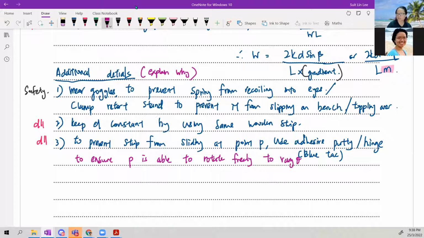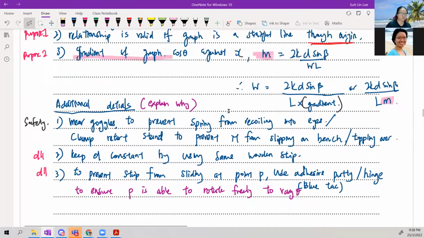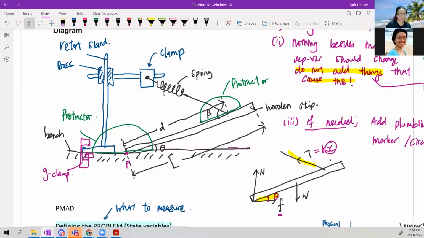Okay, how can we attach the spring on the strip? If you go back to this one, now the spring is here. How to attach that side? And then here got wire. Oh, sorry, they forgot to label the wire. Okay.